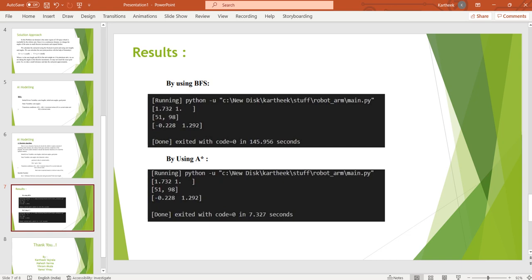But using the A-star algorithm for the same test case, we are getting 7.327, which is a huge improvement from our 145 seconds. So we can say that by using A-star, we are able to optimize our code a lot. Both BFS and A-star have reached the same endpoint of minus 0.228 and 1.292. A-star took much less time as compared to BFS.